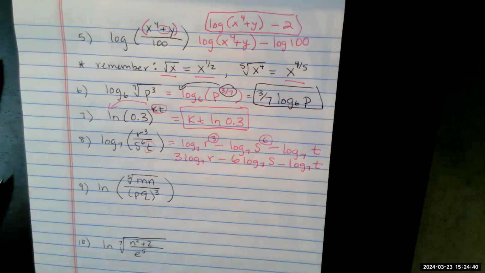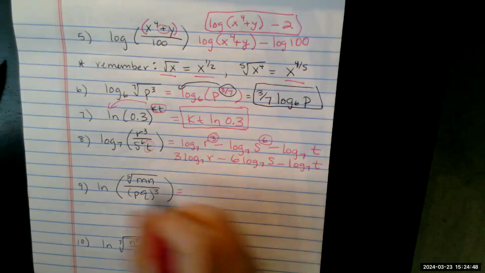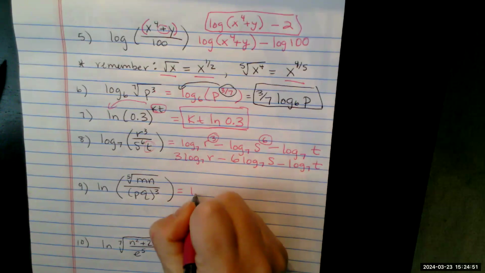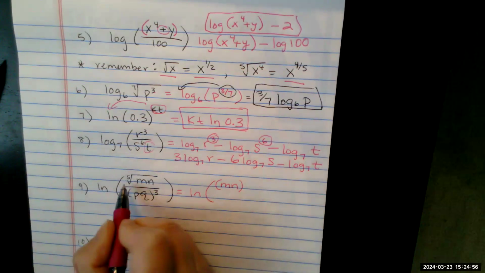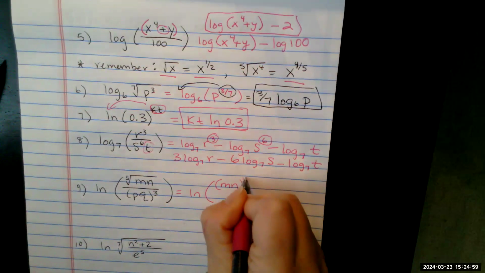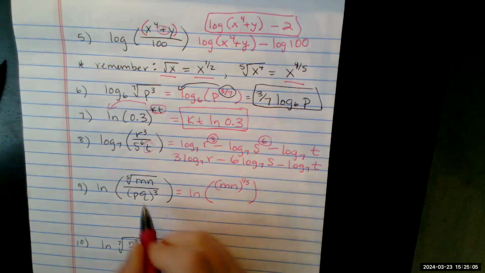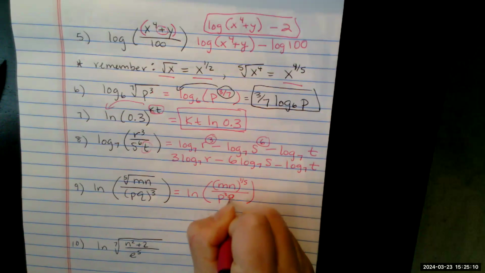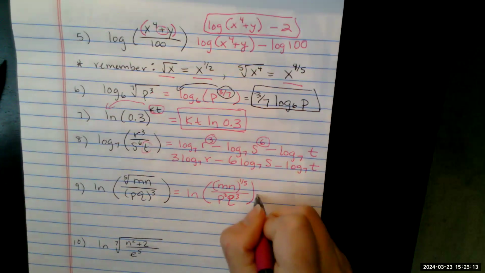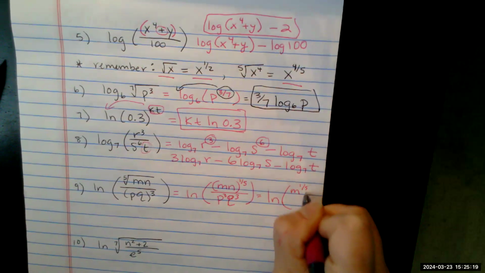All right, next one's a little trickier because we have some roots and some parentheses. So I'm going to try to make this a little nicer before I start. So mn, since it has a fifth root, is really the same as mn being raised to the 1/5. And on the bottom, since both of these are being raised to the third, I can separate them, which means I can do the same thing to the m and the n.